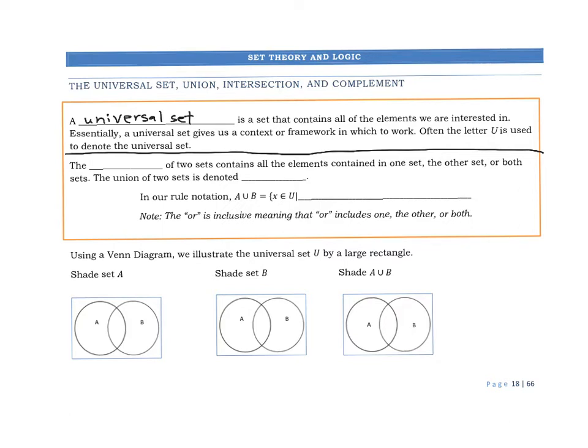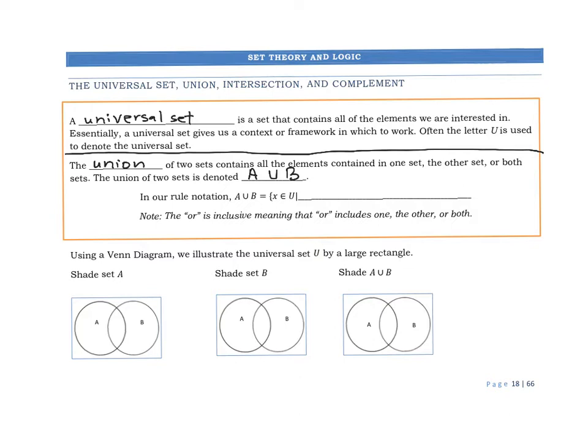So our first set operator is union. The union of two sets contains all the elements contained in one set, the other set, or both sets. The union of two sets is denoted A union B. So in our rule notation, A union B is denoted as follows.